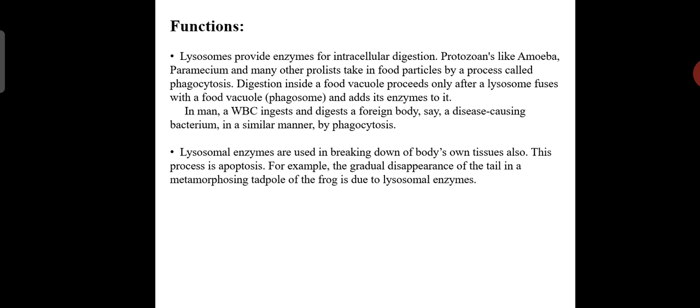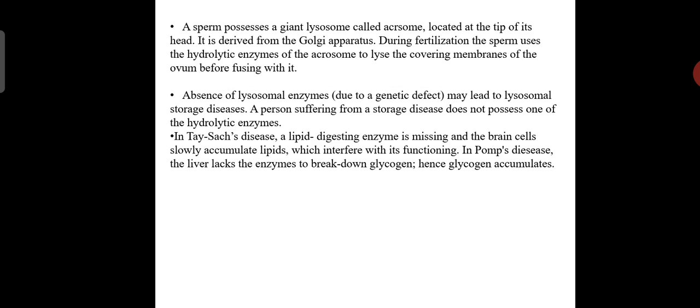Next, lysosomal enzymes are used in breaking down the body's own tissues also. This process is apoptosis. Apoptosis is nothing but cell death. For example, the gradual disappearance of the tail in a metamorphosing tadpole of a frog is due to lysosomal enzymes.